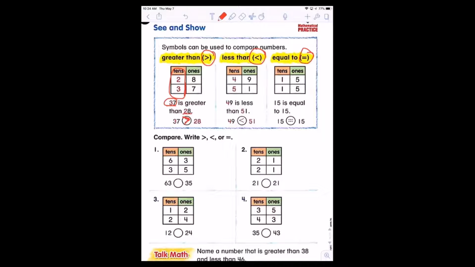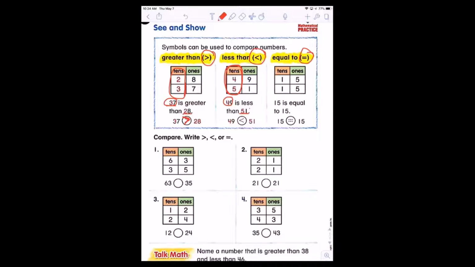Okay. Now the next one, okay? 49 is less than 51. Again, we look at the tens place. Which one is less, 4 groups of 10 or 5 groups of 10?